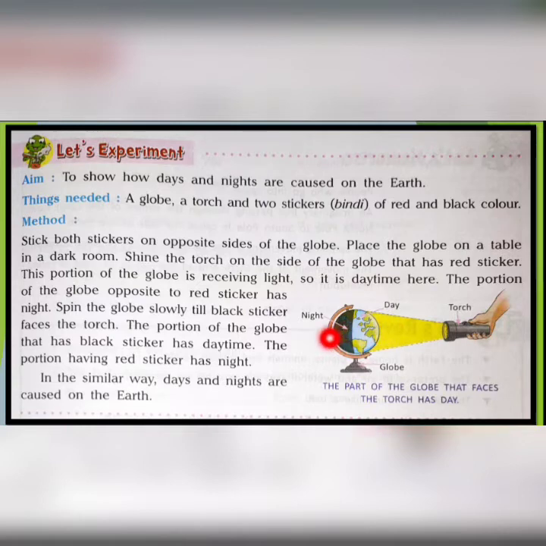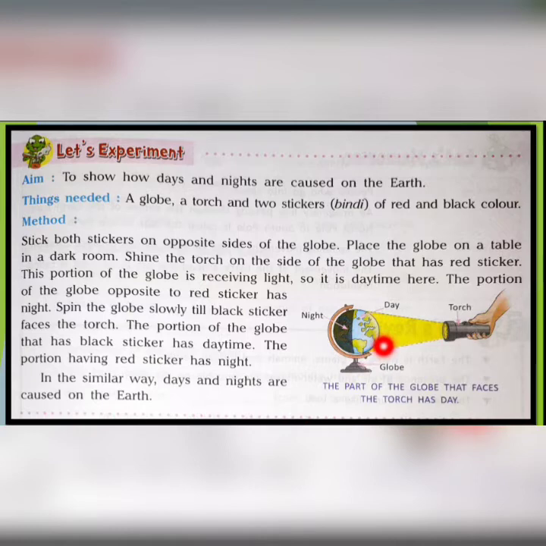Day, night. Now if you spin the globe slowly till the black sticker faces the torch, suppose the black sticker was initially here, then you slightly move it here. Then what will happen? The portion of the globe having the black sticker has daytime, because it is facing the torch.